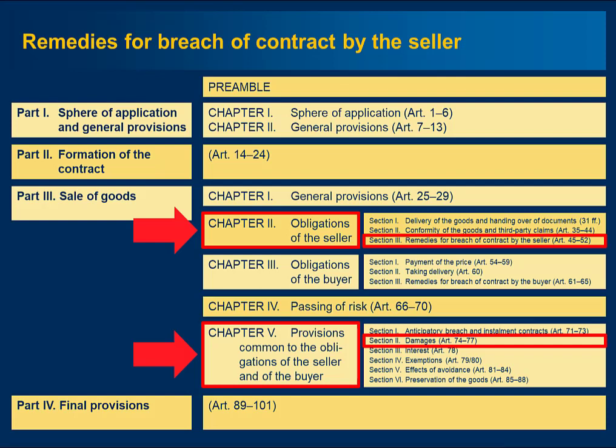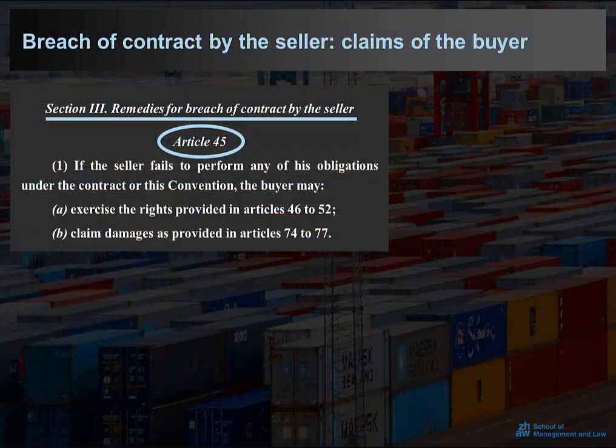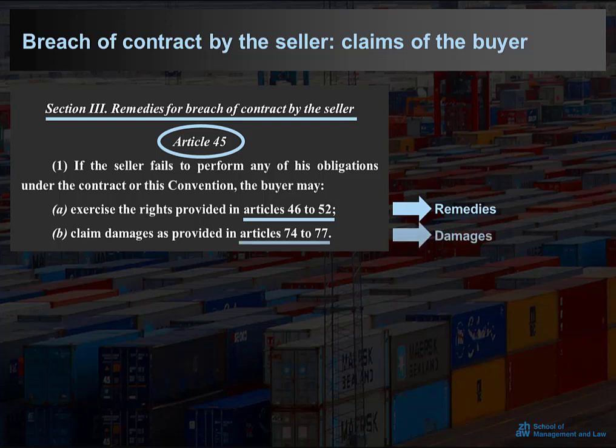In the event of a breach of contract by the seller, the buyer is entitled, according to Article 45, to a number of claims. On the one hand, he can claim remedies that are specified in Articles 46 to 52. On the other hand, he can claim damages as regulated in Articles 74 to 77.